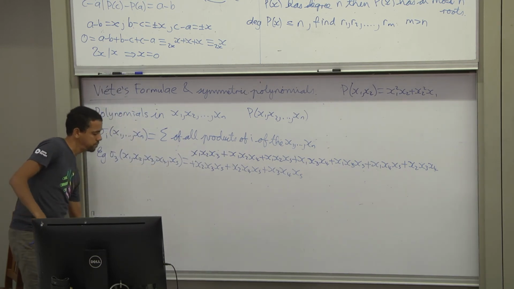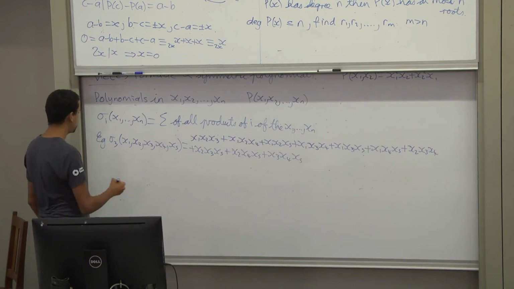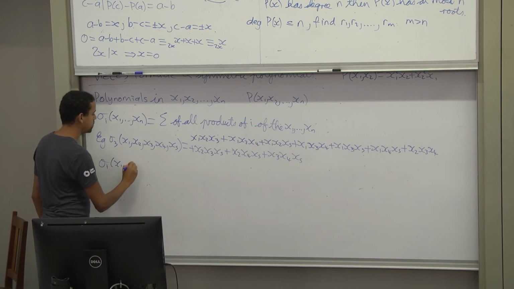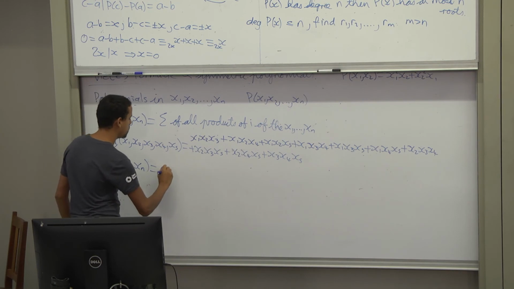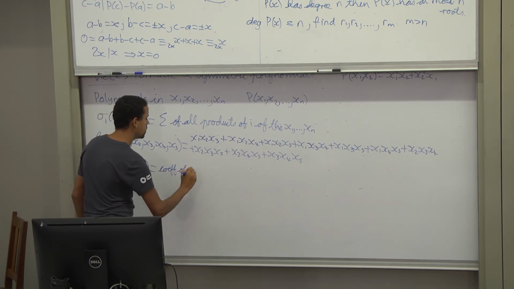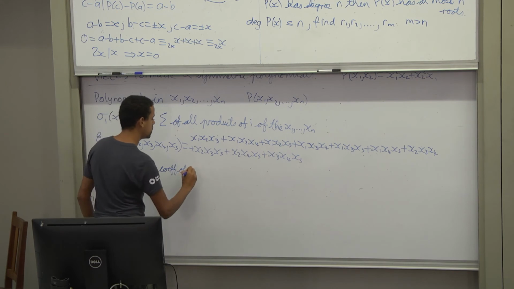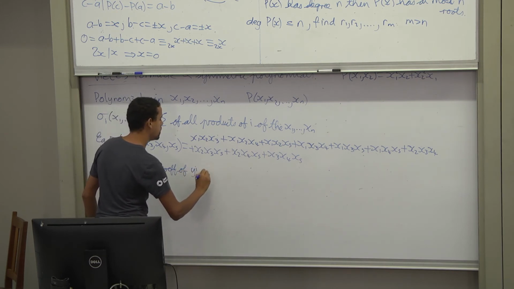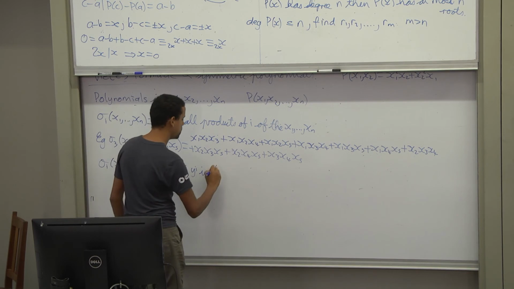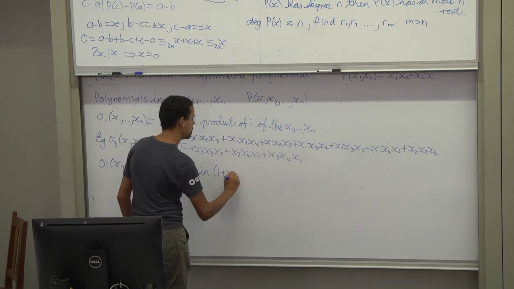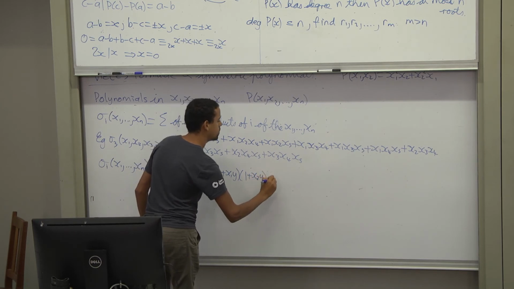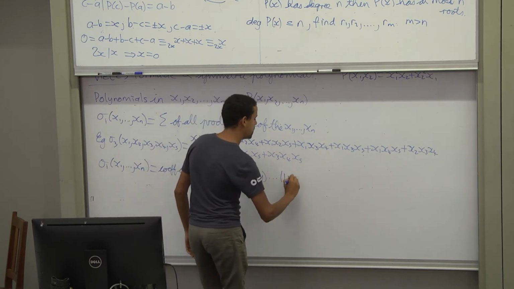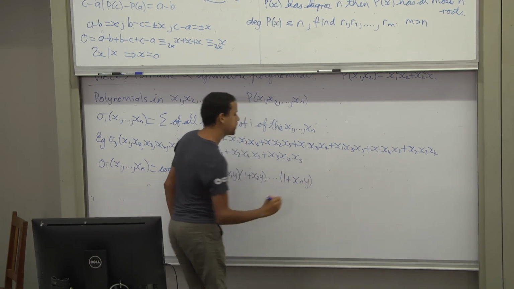Another definition is that sigma i of x1 to xn is the coefficient of, let's say, y to the i in the following other polynomial: 1 plus x1y, 1 plus x2y, times 1 plus xny.